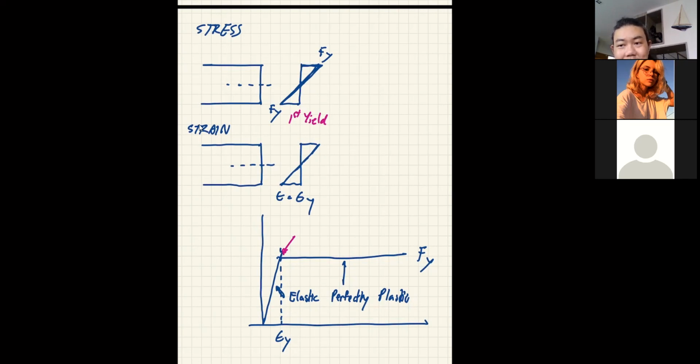I keep adding the load to my beam, what's going to happen? My stress will not increase. My stress will stay flat, but my strain can keep going.